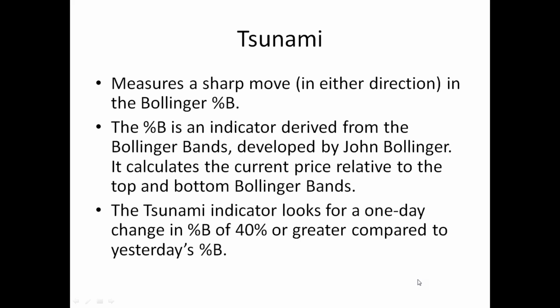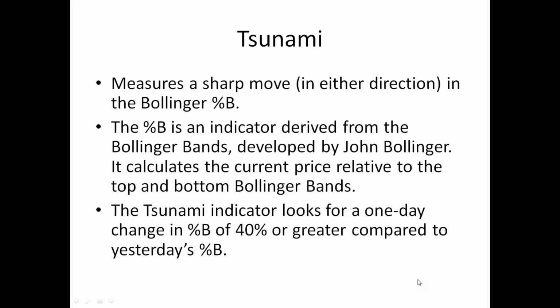What we look for, what the Tsunami is looking for is one of those strong moves. What we want to do is capture a move, a retracement, after there's been a sharp move in one direction or the other. And that's what the Tsunami does.